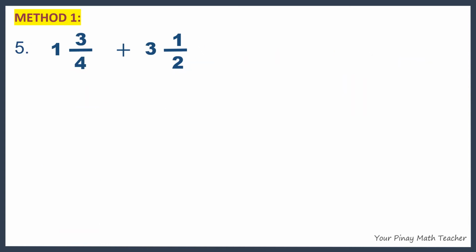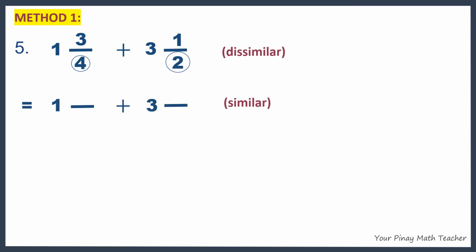At this time, let's add mixed numbers with dissimilar fractions, method 1. Okay, the denominators are different, so the fractions are dissimilar, so we have to make them similar. Please bring down the whole number 1 and whole number 3. And then let's find the LCD of 4 and 2 by listing its first few multiples.